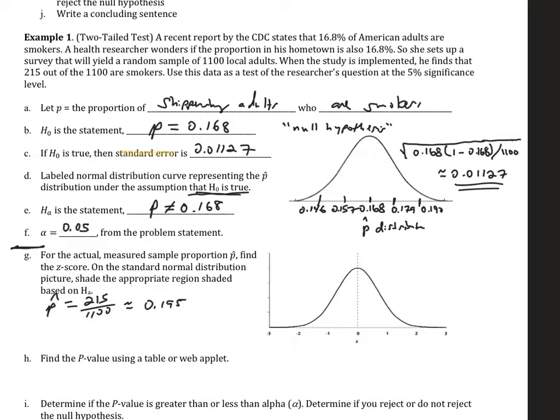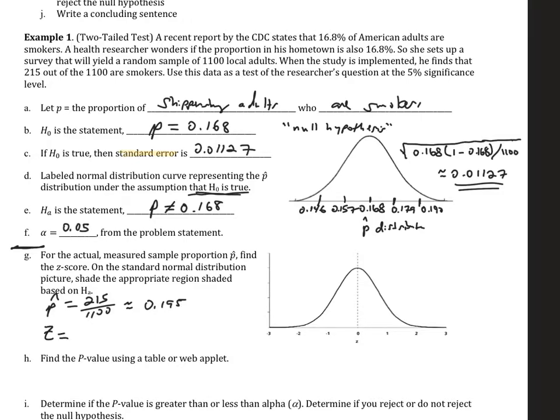That 0.195, we can see where that fits on our curve, right? That's a p-hat, so it's going to be one of these values. It's going to be about right here. It's bigger than 0.190, but not as big as the next number. So it's going to be right in this area here. If I want to be able to find the p-value in a minute using my table, then I need to convert this to a z-score.